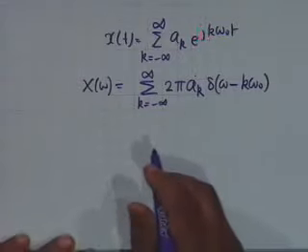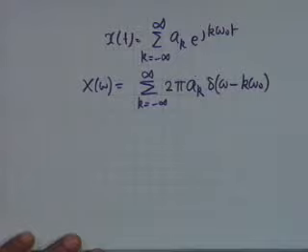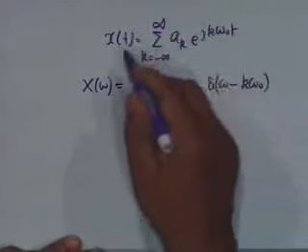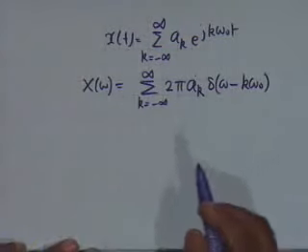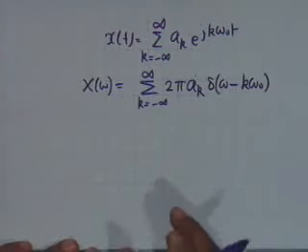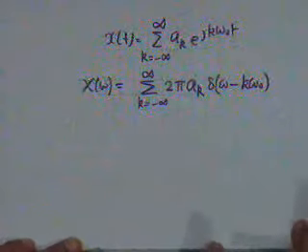Now what is the difference? You recall that if it was the Fourier series, then its spectrum would be simply the plot of a_k versus k. It's a line spectrum.